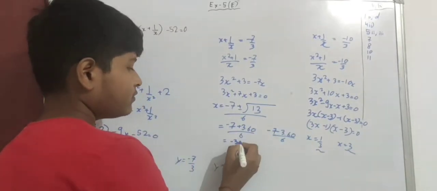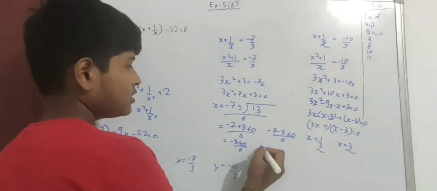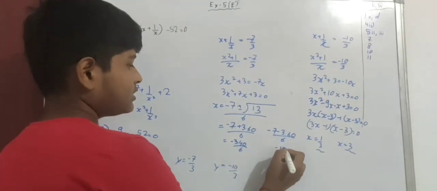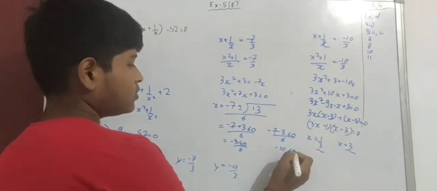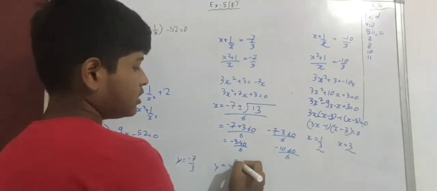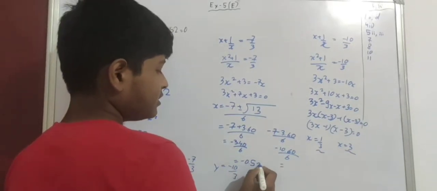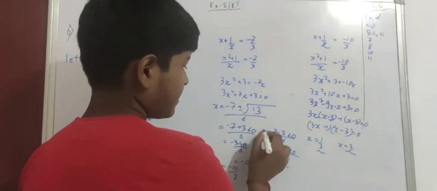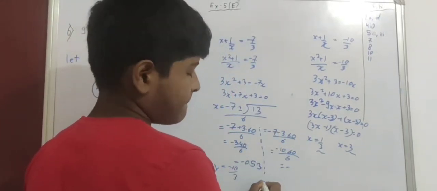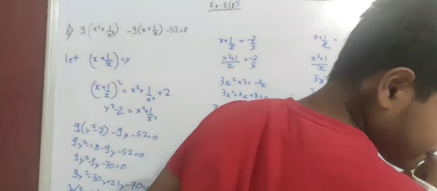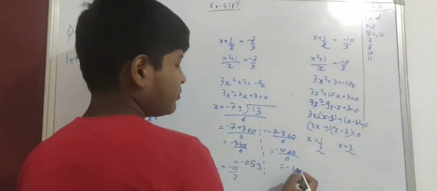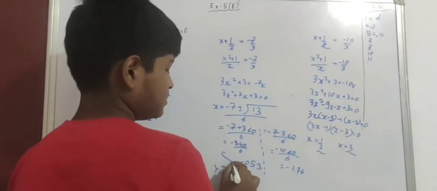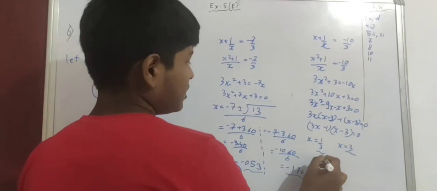So here is minus 3.40 by 6 and here you have minus 10.60 by 6, so minus 0.53 and here you will have minus 1.76. So these four are your answer.